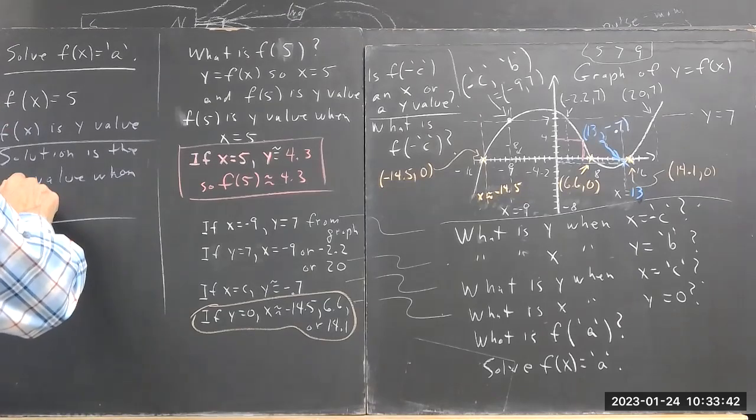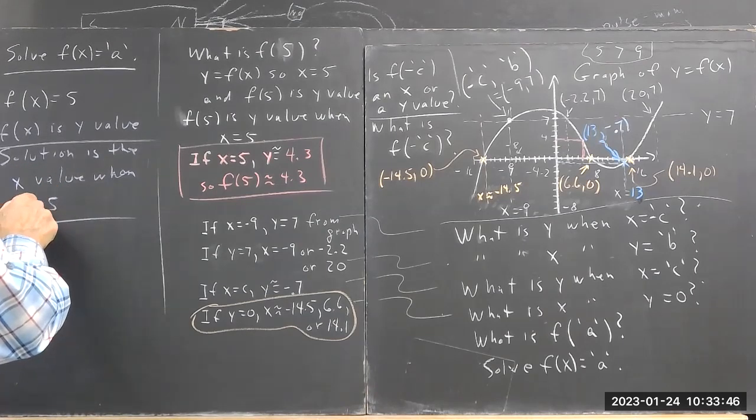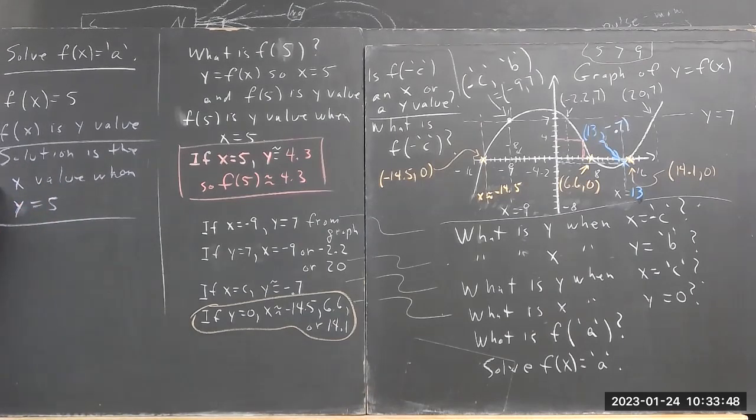And I wrote it down exactly wrong. The x value when y equals 5. f of x is a y value. So the y value is 5. We're trying to find x, which we don't know.